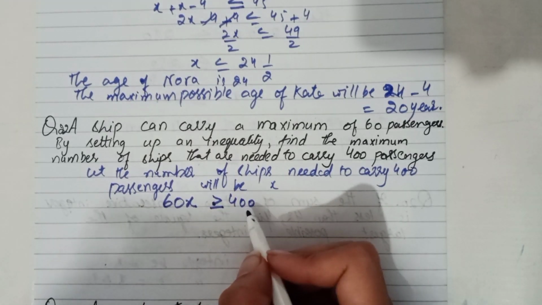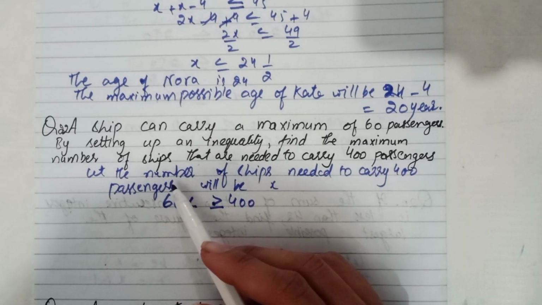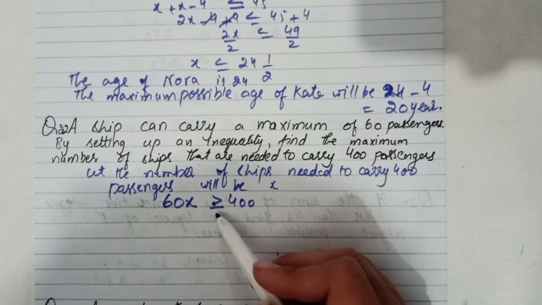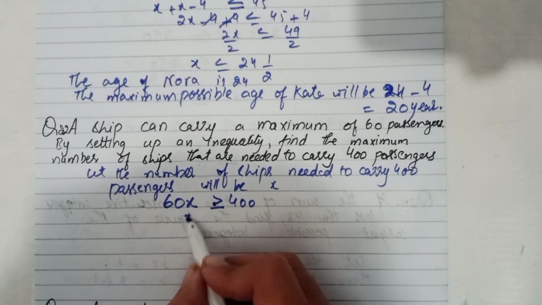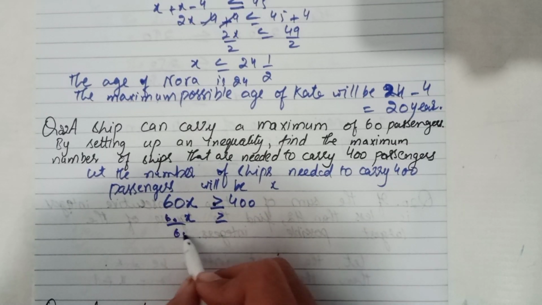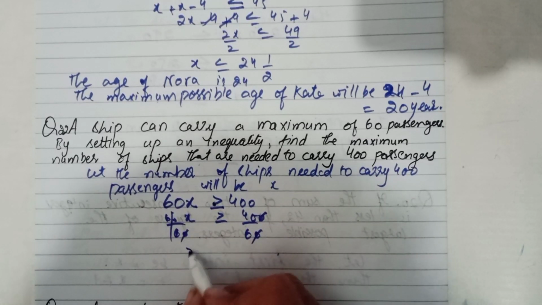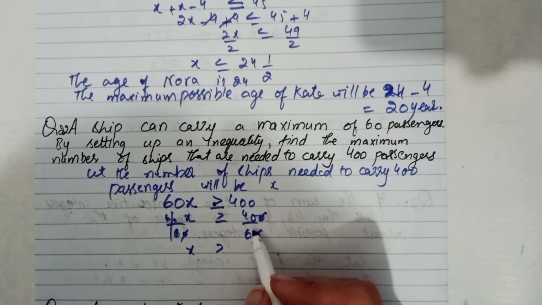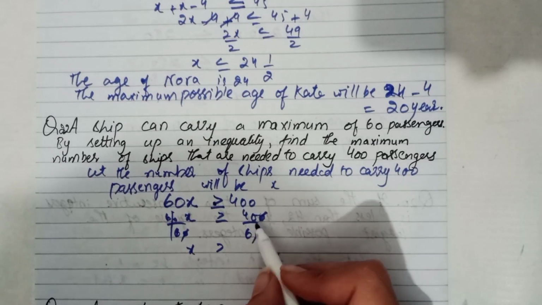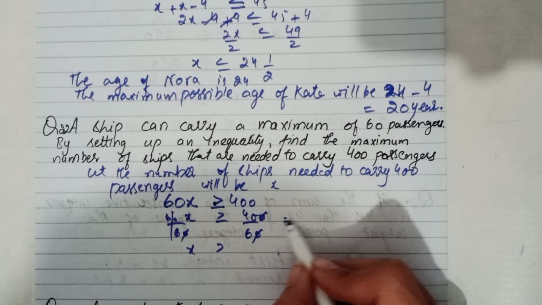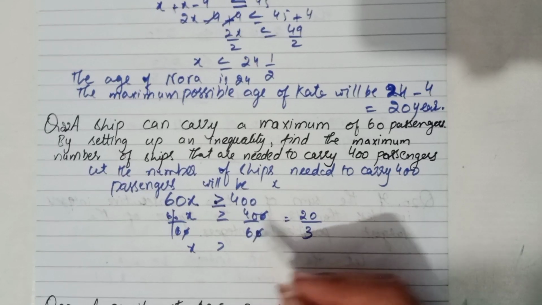We have to find the maximum number of ships, that's why it is greater than or equal to 400 passengers, and by solving it, dividing both sides by 60, we get x, and by dividing it we get 6. This also simplifies on the table of 2, 20 and 3. 2 3 times 6 and 2 20 times 40.